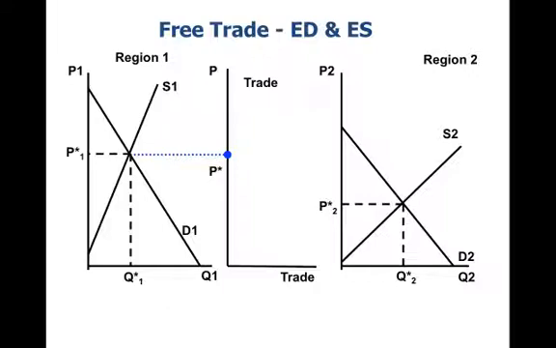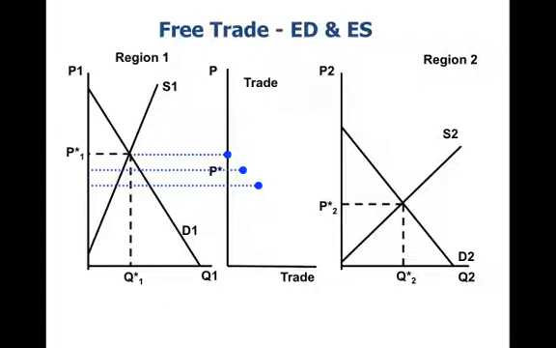If the price in region 1 fell, let's say to the second blue dotted line, what we know is that there would be an excess demand equal to the difference between D1 and S1. We can map that in the market for trade by placing a dot reflecting that volume of excess demand at that particular price right here. If we did that for a third price, we would follow similar logic and note that at that even lower price, excess demand is even higher, and so we could draw another dot that represents the volume of excess demand at that third price in the market for region 1.